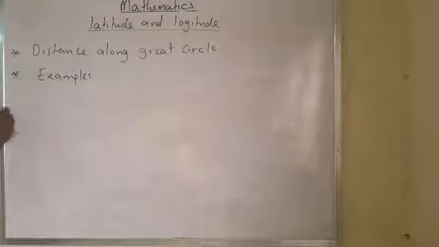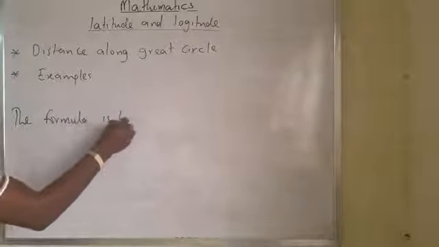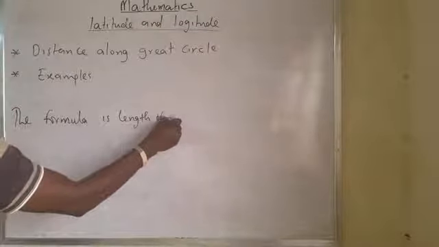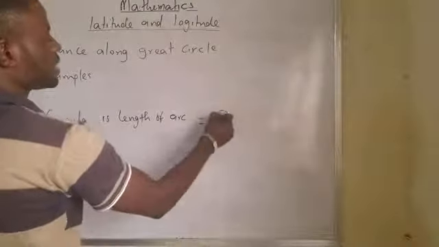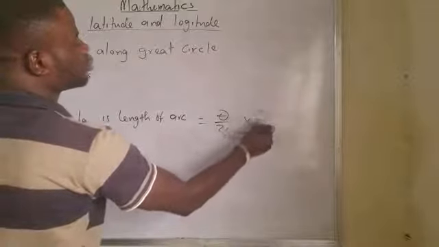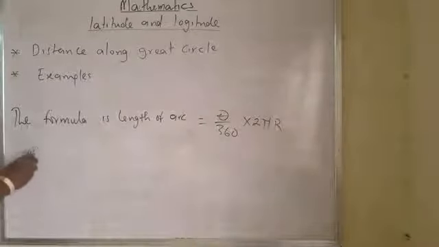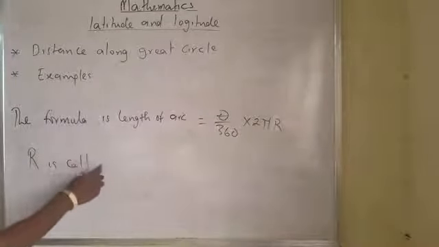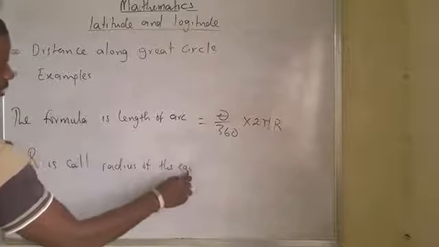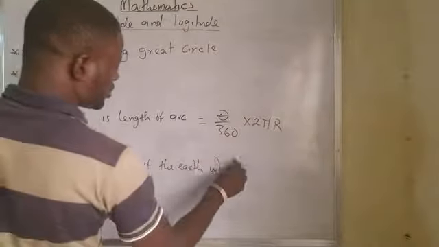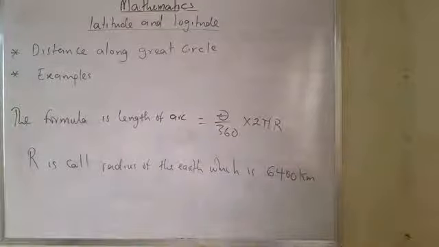And also the formula is length of arc. We have explained length of an arc in the header, which is going to be theta over 360 multiplied by 2 pi big R. Now, my big R, we call it the radius of the earth, which is 6,400 kilometers.